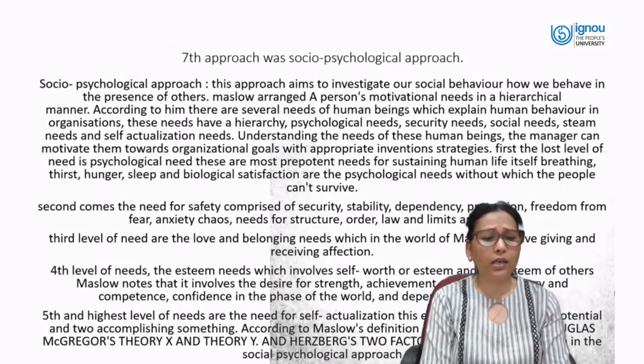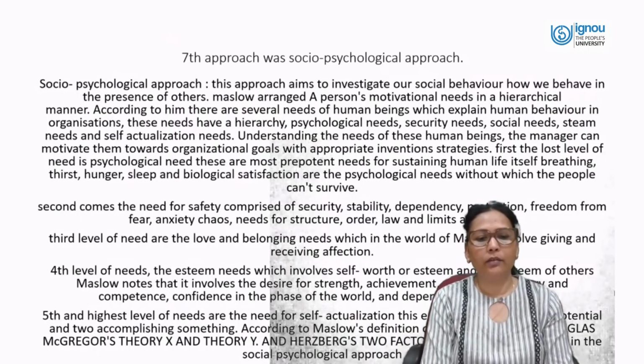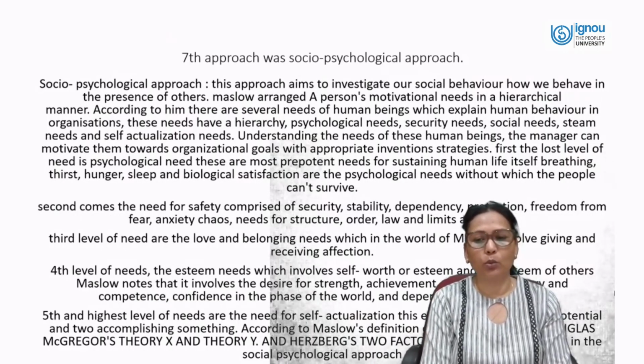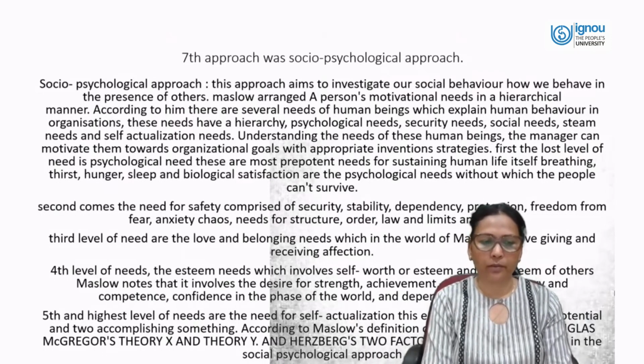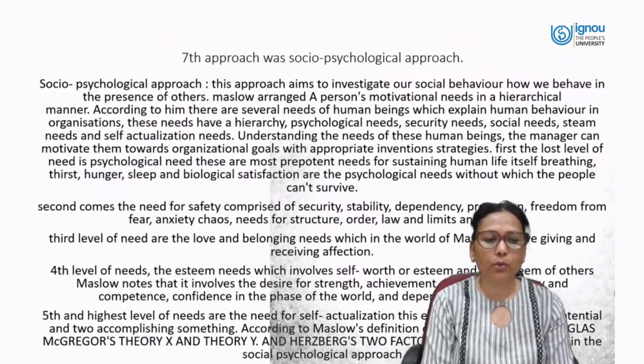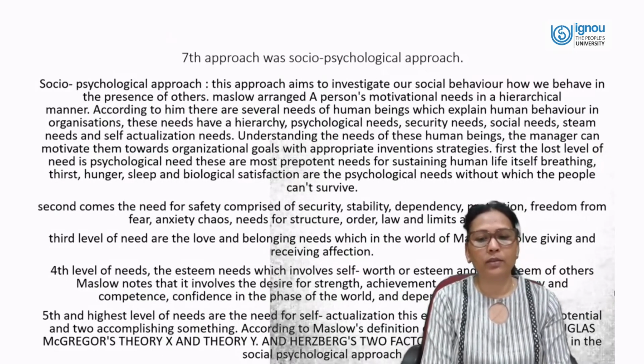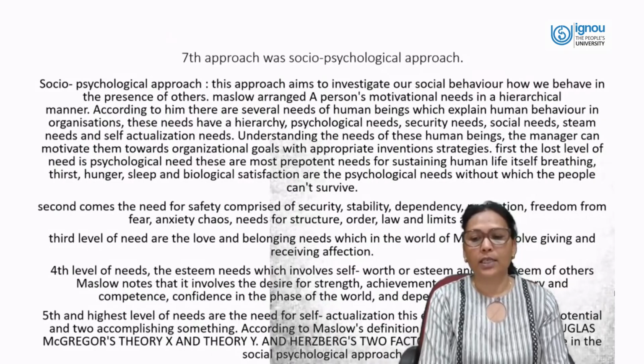The third level of need are the love and belonging needs, which in the world of Maslow involve giving and receiving affection. The fourth level of need was the esteem needs, which involve self-worth or esteem and the esteem of others.